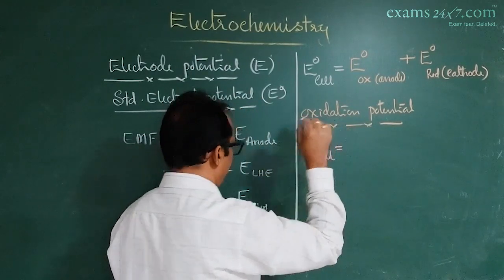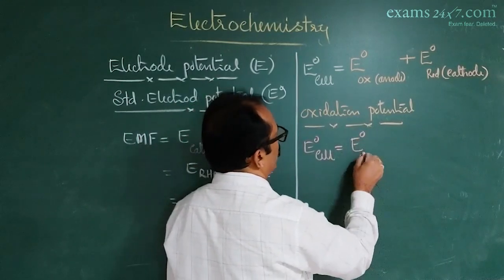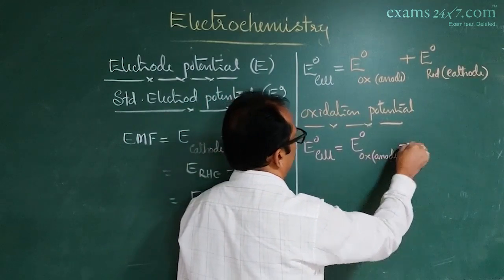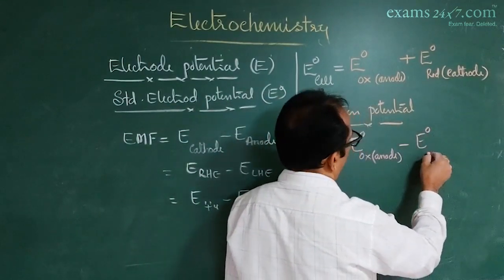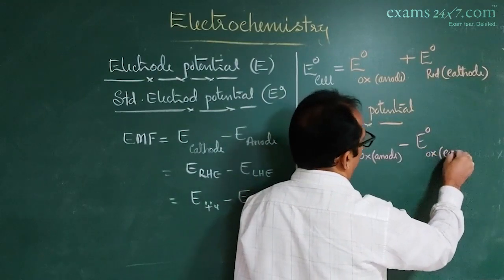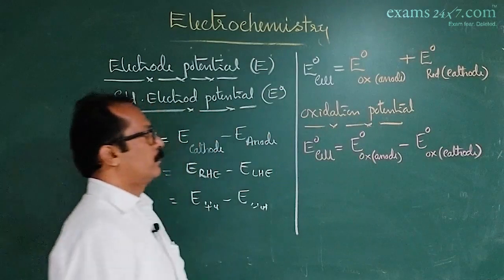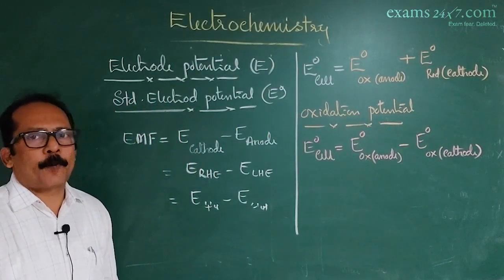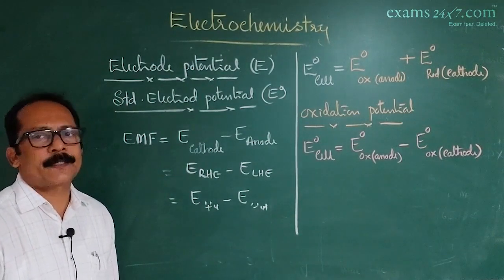E naught of the cell is equal to E naught of the anode, where oxidation takes place, minus E naught of oxidation, given as a negative, that takes place at the cathode. When only oxidation potential is known, we can calculate E naught of the cell using this relationship.